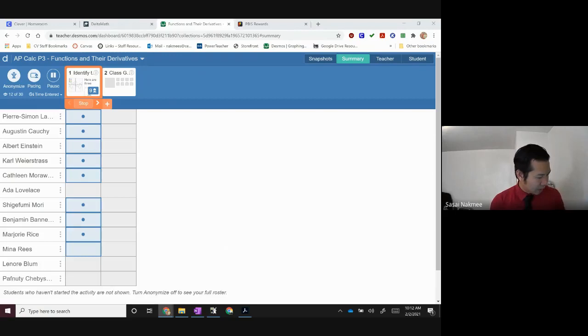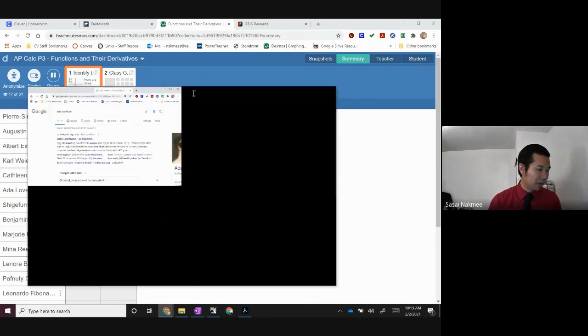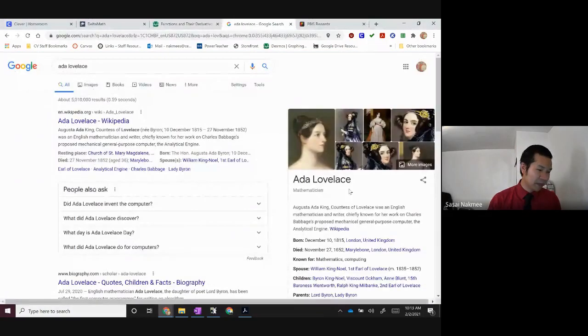By the way, all these anonymous names that they generate for you, they're all real mathematicians. If you ever Google them, you can figure out what they've accomplished and what they've contributed to the math world. Like, for example, if we look at Ada Lovelace, I don't think that's how you pronounce her name. Ada was a mathematician, if you Google her name.